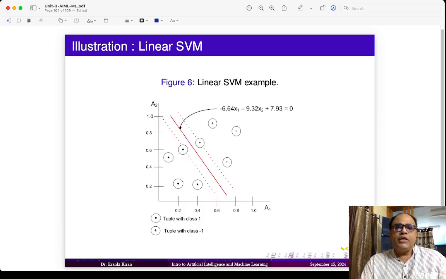When we visualize this on a linear SVM scale, we see tuples belonging to the positive class separated from tuples belonging to the negative class. If you plot A1 and A2 on a 0.2 to 1 scale on the x and y axes, we notice the hyperplane turns out to be minus 6.64 x1 minus 9.32 x2 plus 7.93.